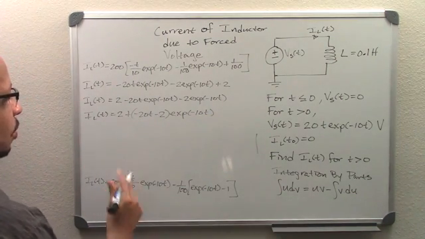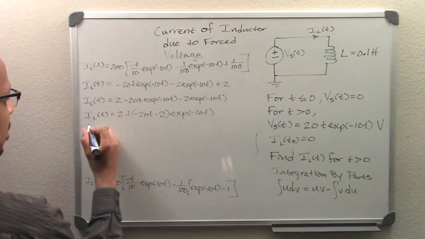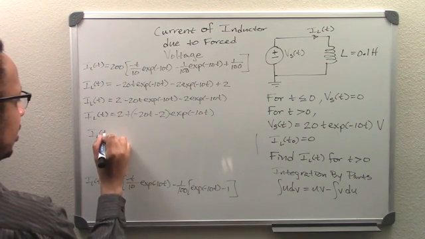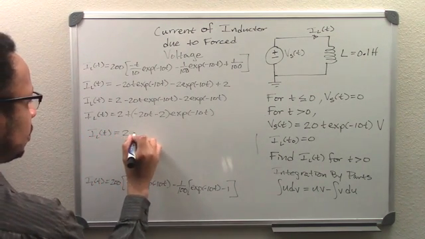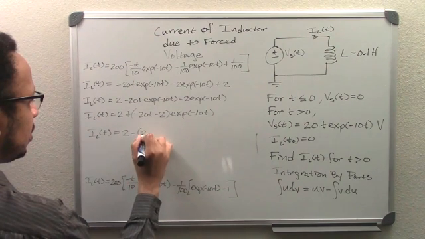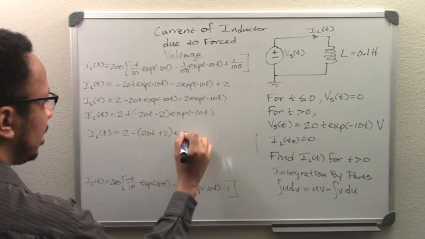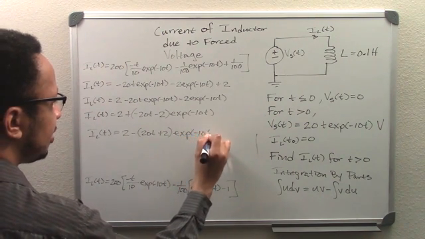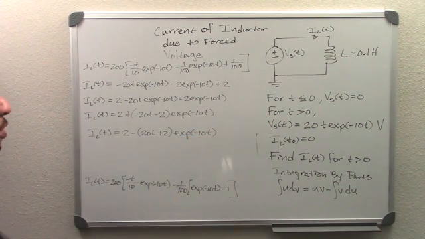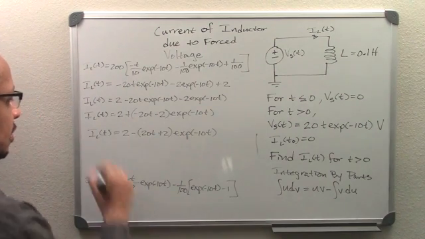And so next, we'll bring out this negative in front, and so now iL of t is equal to 2 minus 20t plus 2 exponential negative 10t.